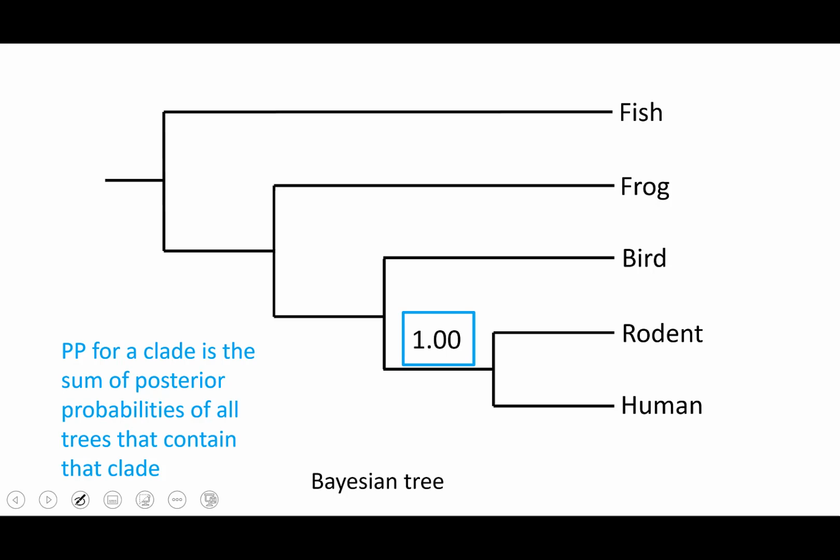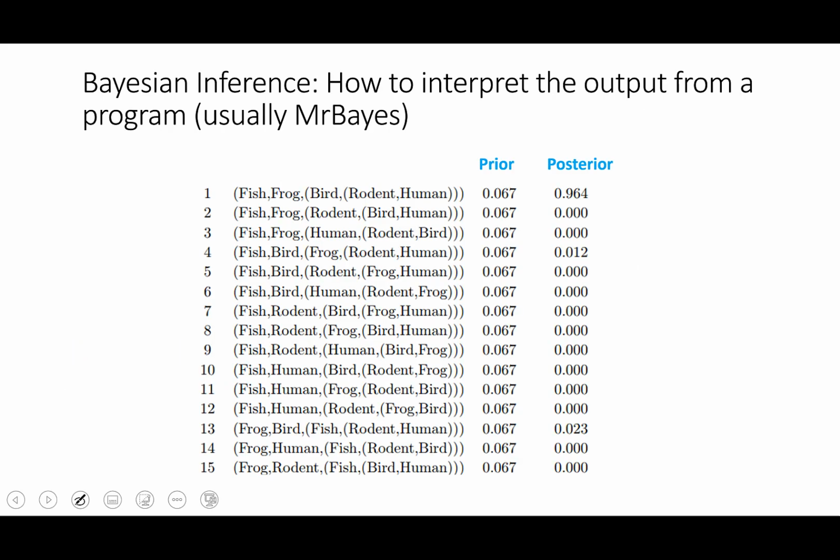So how does this end up being a 1? If we go back to the output of our posterior probabilities, let's pay attention to all of the trees in which rodent and human were present as a clade. So here we have those values again. And what you will notice, let's start with tree number 1, rodent and human form a clade. Same with tree number 4.